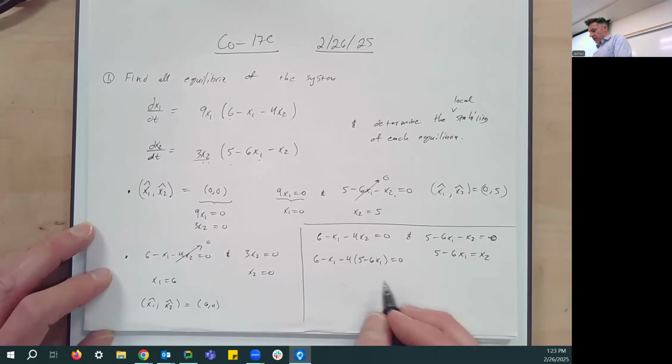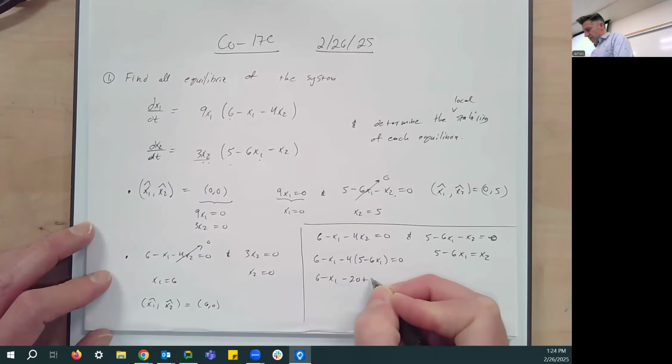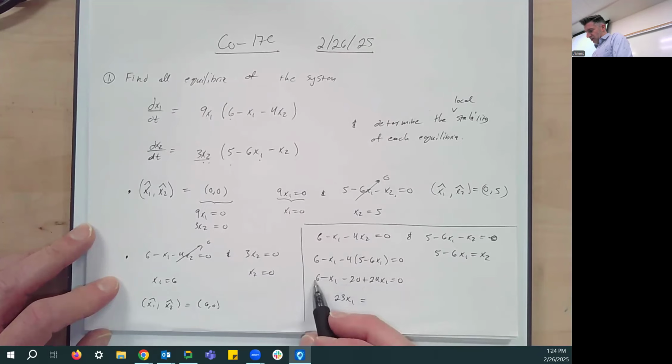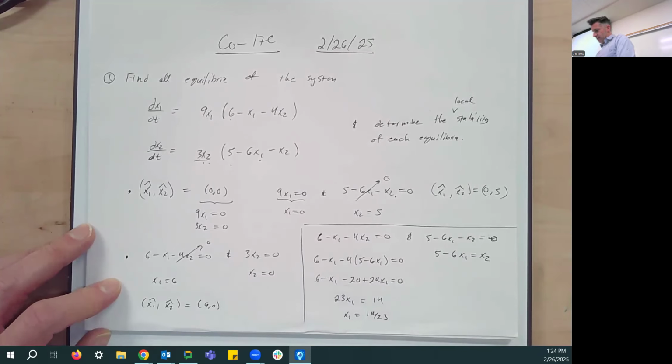Now we can solve here and get 6 minus x1 minus 20 plus 24x1 equal to 0. So 23x1 equals 6 minus 20 is negative 14, so positive 14. That's terrible. x1 is 14 over 23.